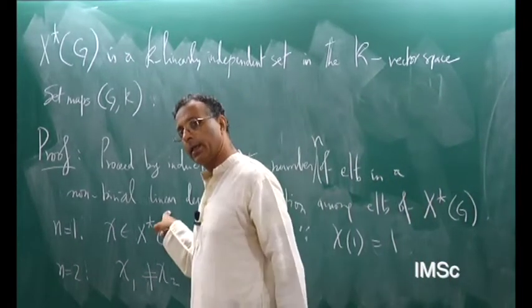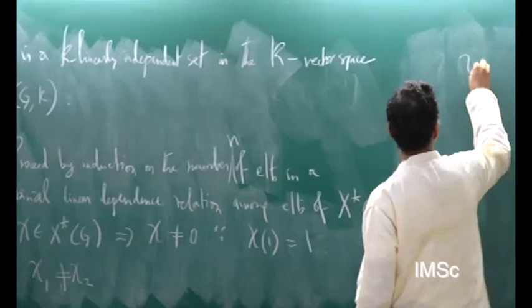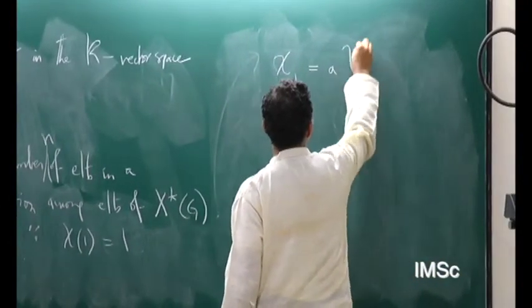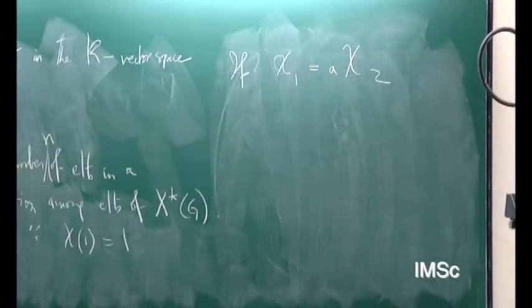In a non-trivial linear dependence relation, a1 chi 1 plus a2 chi 2 equals 0, both coefficients are non-zero, because if one of them is 0, you are reduced to the previous case: it would become chi 1 equal to 0, which is not true. Since both are non-zero, I can divide by one and write it.